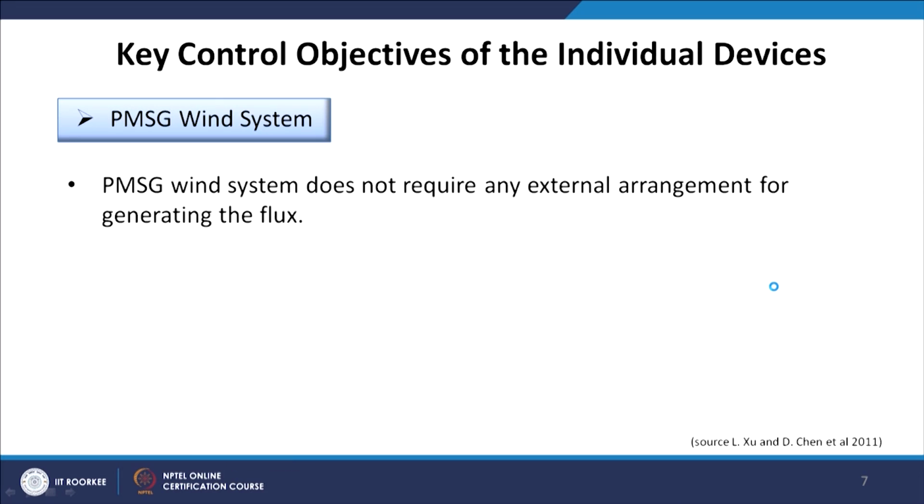Now, there are so many devices within a DC microgrid. The important one is the converter between the utility grid and the DC microgrid, and wind generation. Now, let us focus on the wind systems, then we will move to other devices like ultra capacitors, battery storage, PV and the converters as well as the loads.